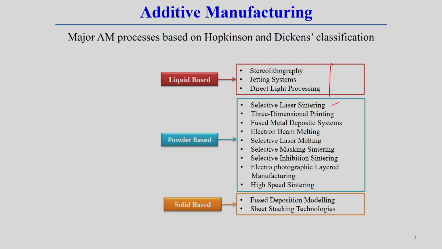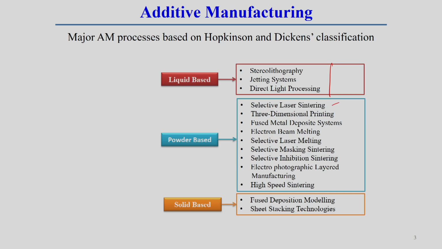All these processes have different names. There may be different types of material, different forms, different principles, but in general, in the powder based system we use the raw material in the form of a powder, and that powder is normally either sintered or fused to get the desired shape.